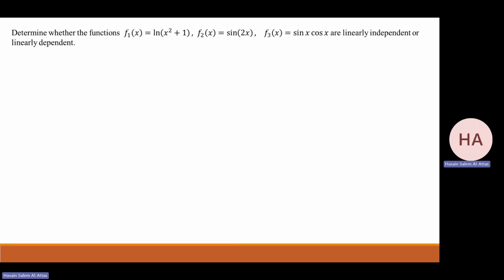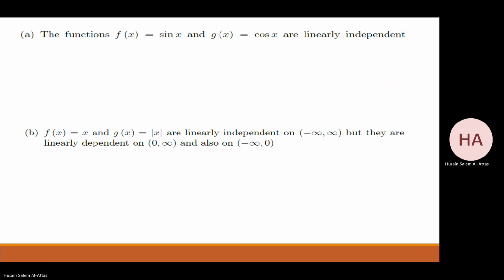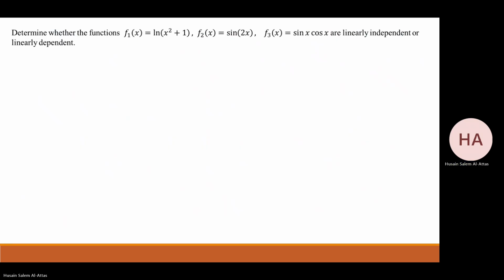Determine whether the functions are linearly independent or linearly dependent. If you look at these functions, they are linearly dependent. Why? Because if you look at these two functions, this is 2 sine cosine. This one has no relation to them, but these two depend on each other.